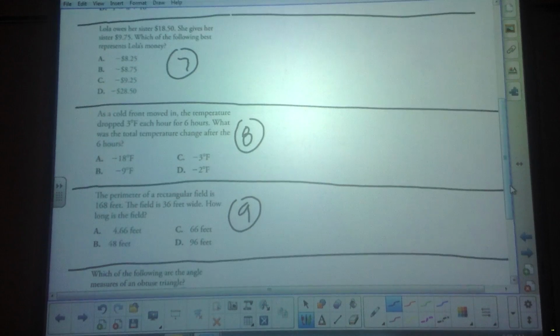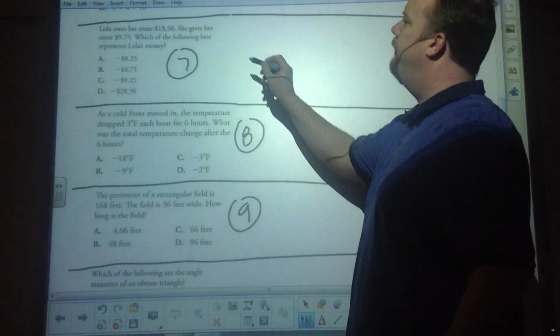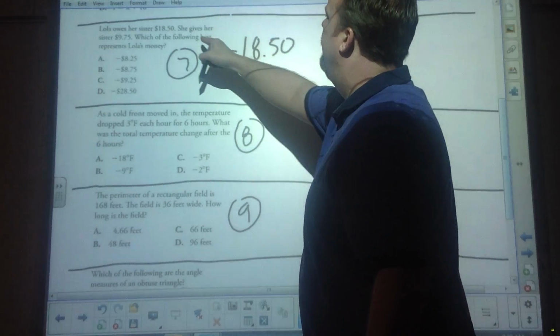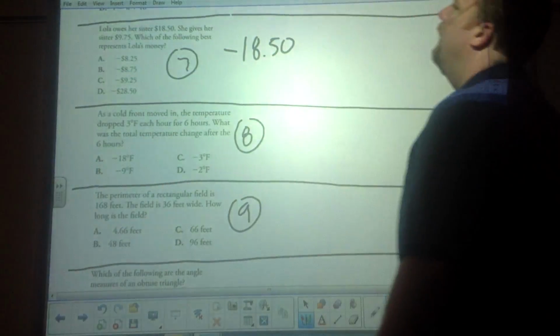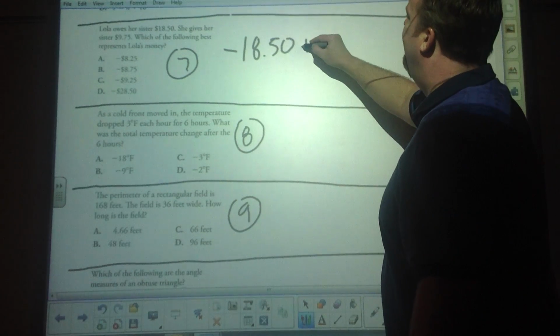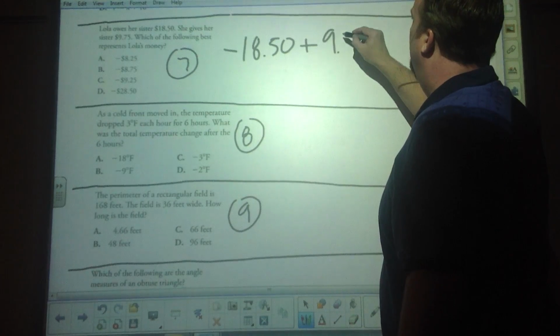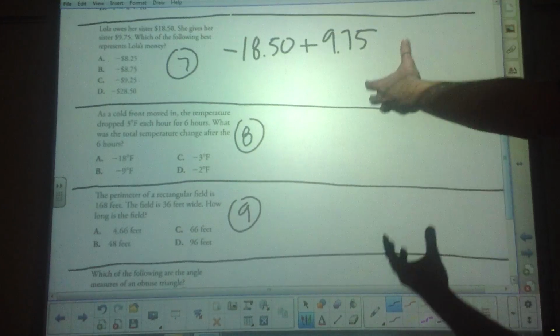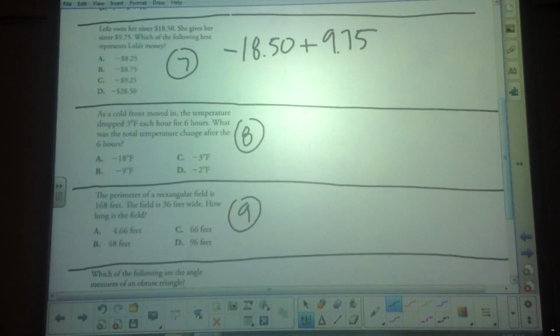7. Always debt, or almost always, is going to be represented by negative numbers. Lola owes her sister $18.50. She gives her sister back $9.75. So we're going to add that. Same signs, add and keep, different signs, we're going to subtract.